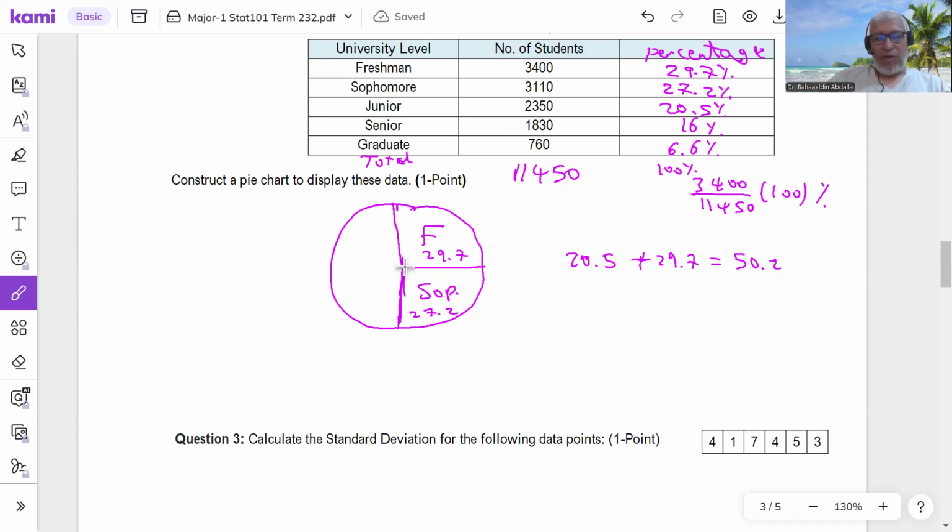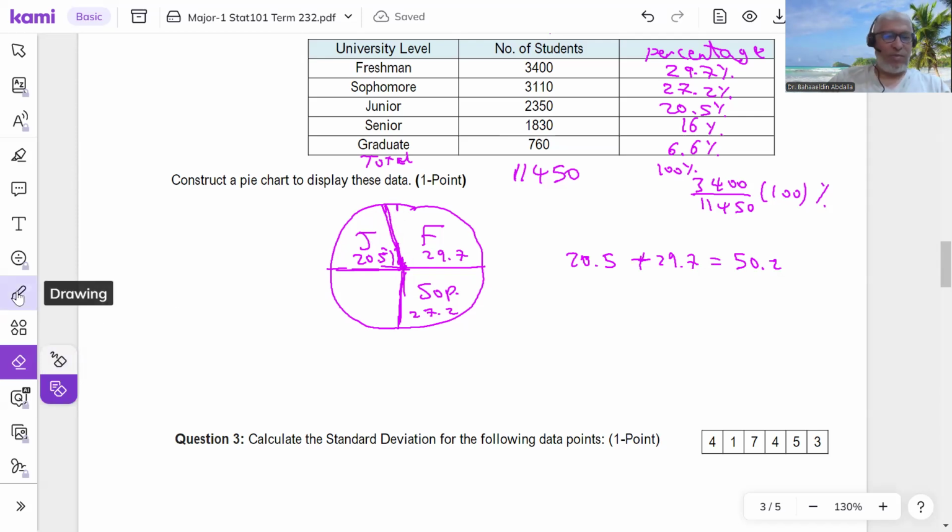So 50.2 means almost 50. So this could be junior, okay, which is 20.5. If you want, you can make it somehow greater. These small differences are not really that important.